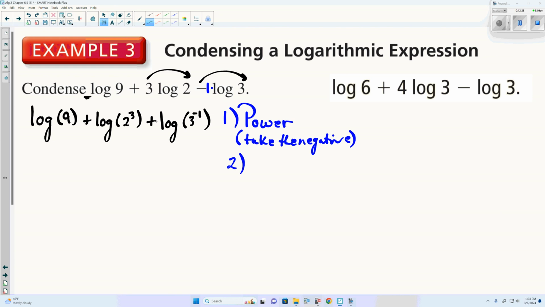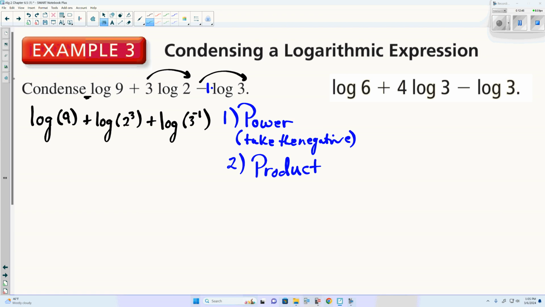Well, our next one we're going to use is product. Even though we only had the property stating two things being multiplied together, we can do the same thing with 3 or 4 or more.